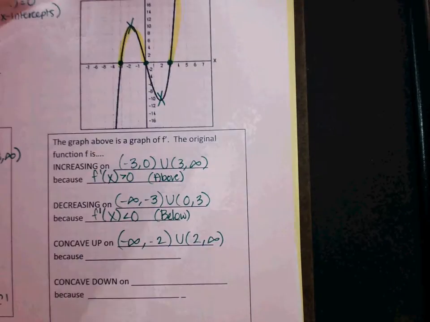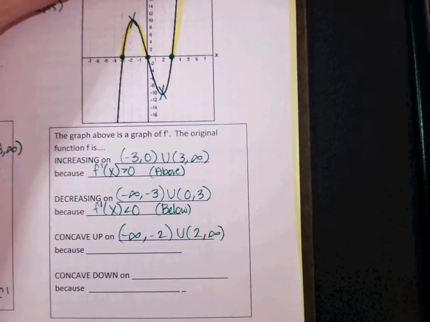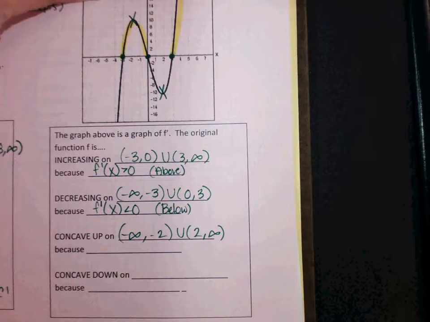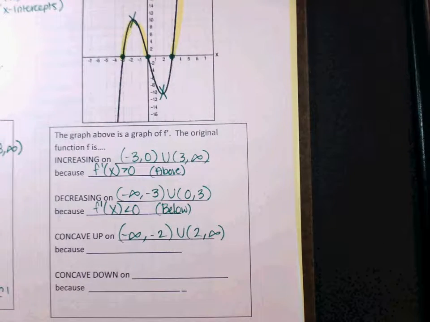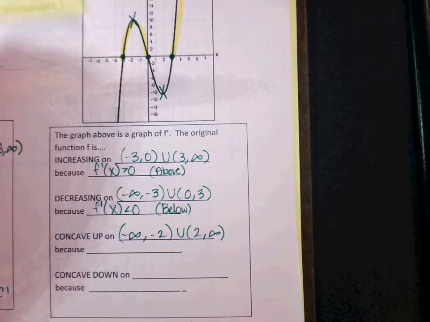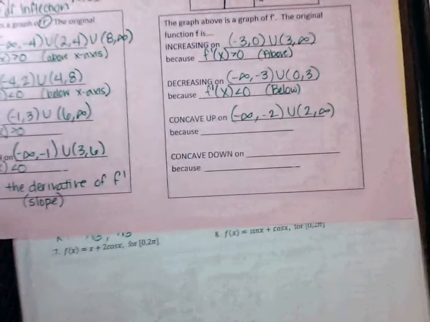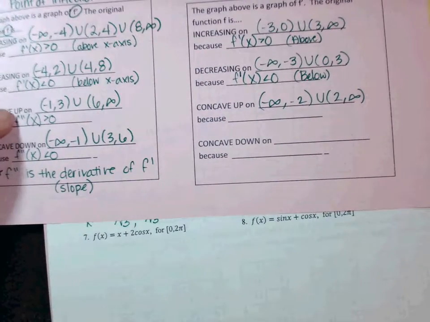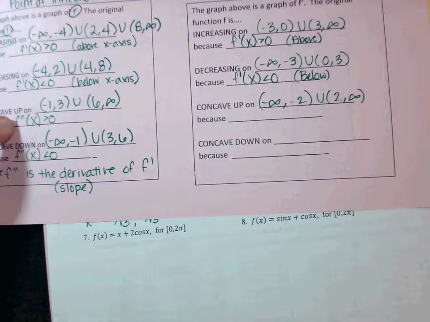Now, unfortunately, the explanation that we wrote last time would not be accepted on the AP test. This is why. When you are explaining or justifying, you have to relate whatever you're talking about to what you're given. What were we given? f prime. So in our statement right here, you see where we wrote this? Does that say anything about f prime? No. That means that it's not complete and it wouldn't be accepted.